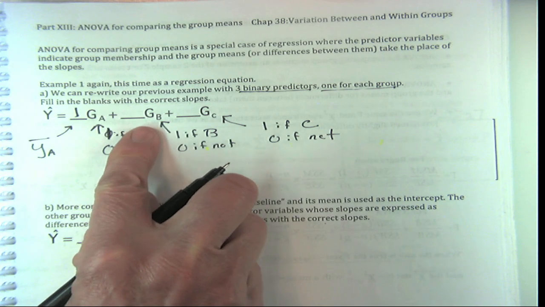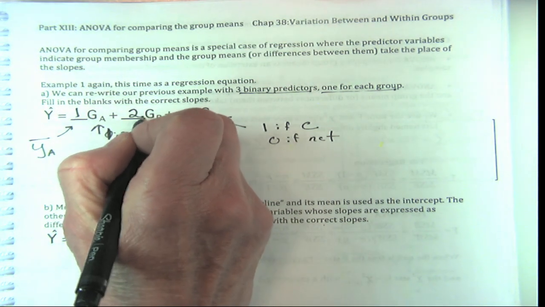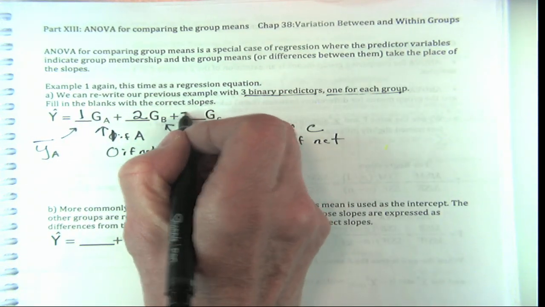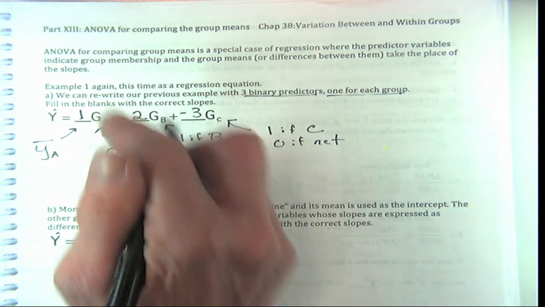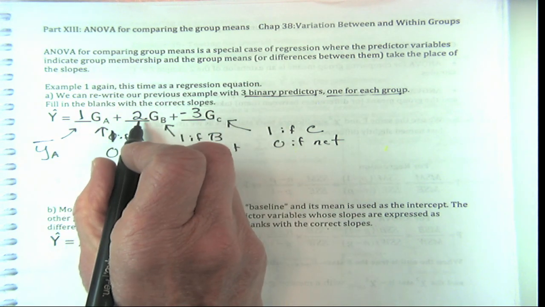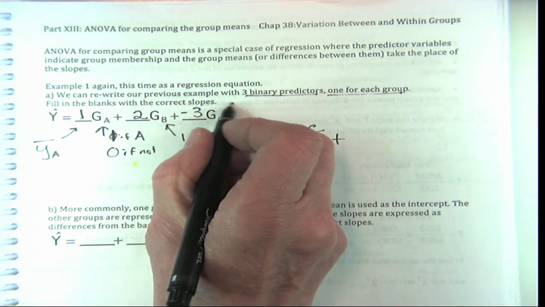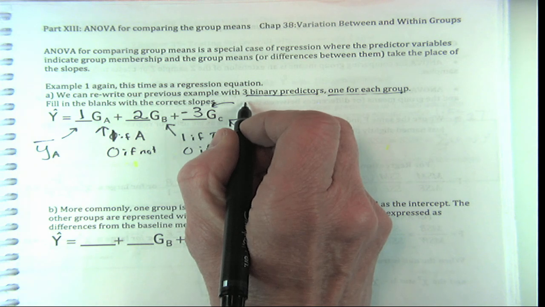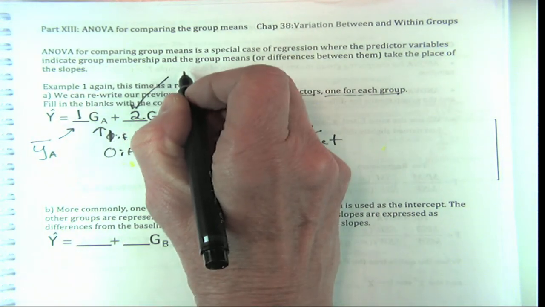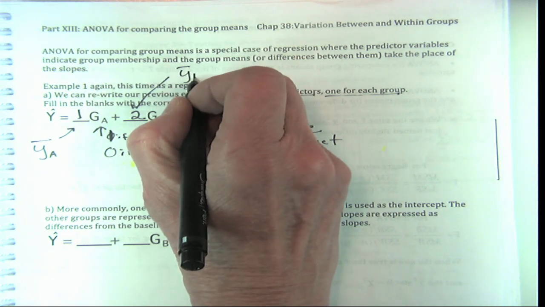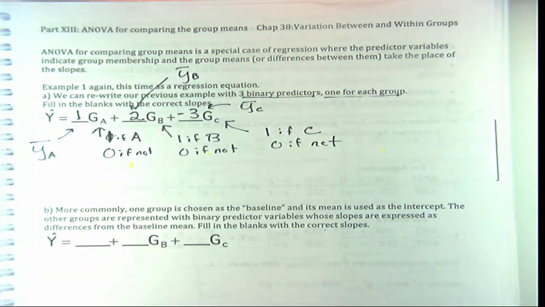And if you're in group B, I'm just using that last example where it was 1, 2, and -3. So this is obviously the group B mean, and that's the group C mean. That's how I got those.